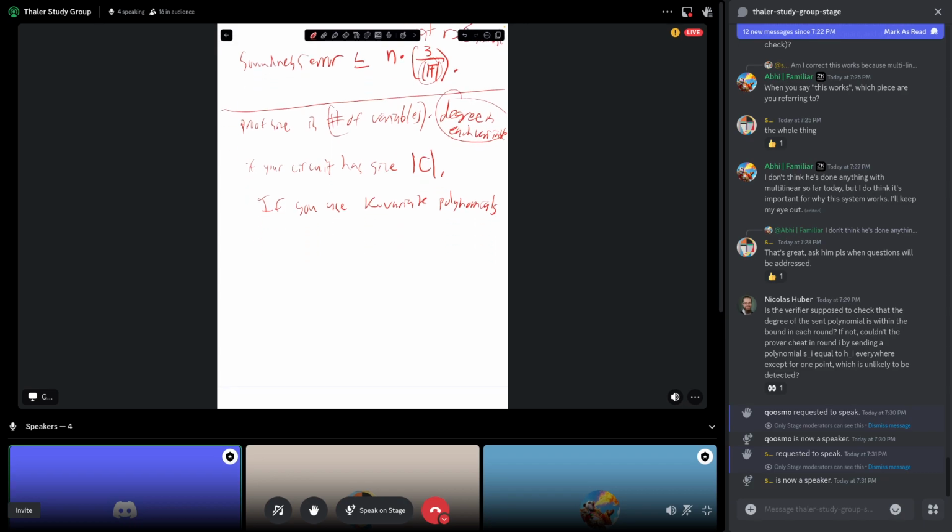As a protocol designer, you have the flexibility to choose what polynomials to use and then apply sum check to. But generally, if you use k-variate polynomials, the degree in each variable is going to have to be at least n to the 1 over k.